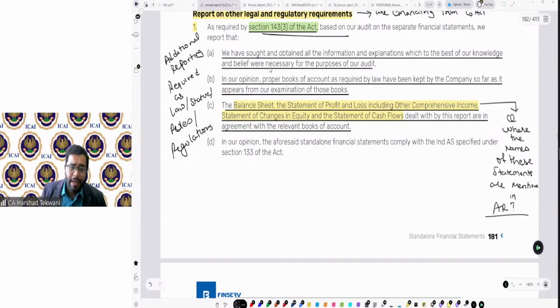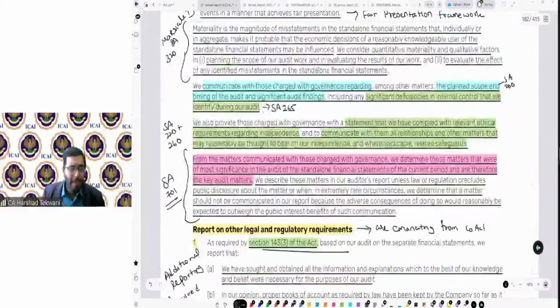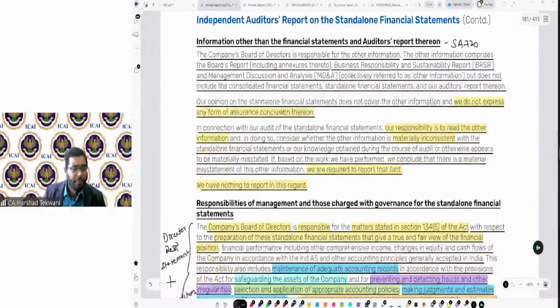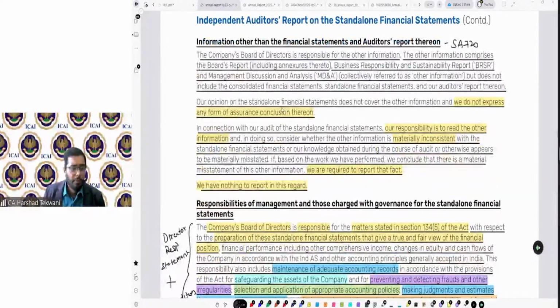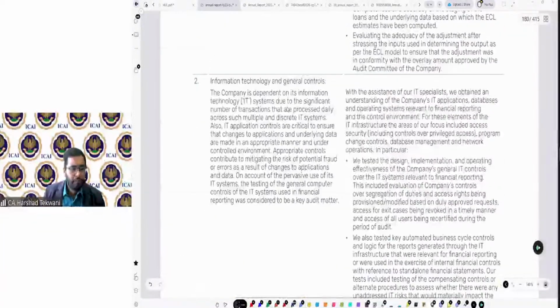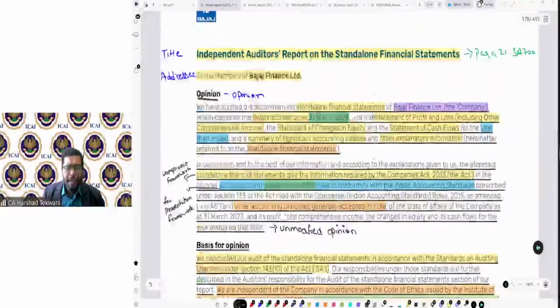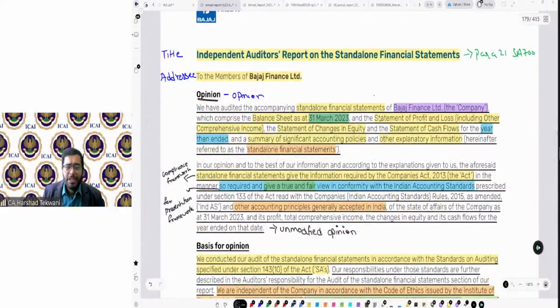So these names of the statements are mentioned in the opinion paragraph, the first paragraph. See, over here: we have audited the accompanying standalone financial statements of the company, which comprise the balance sheet, statement of profit and loss including other comprehensive income, statement of changes in equity, and statement of cash flow for the year then ended, including a summary of significant accounting policies and other explanatory information.